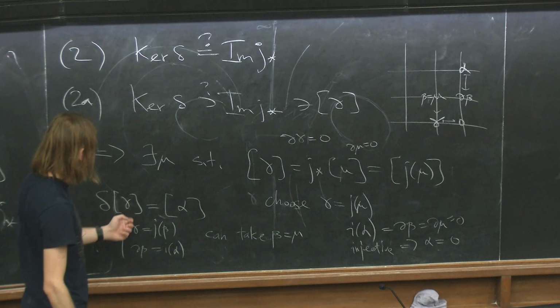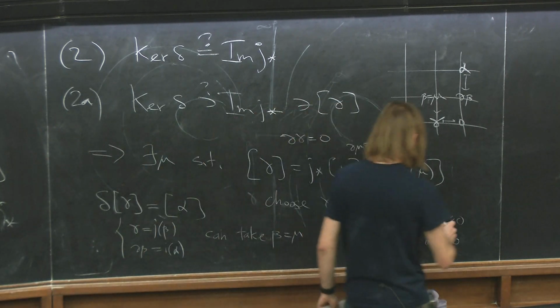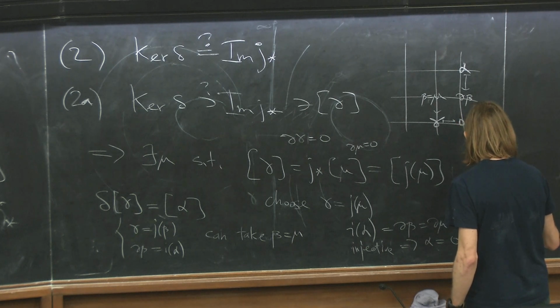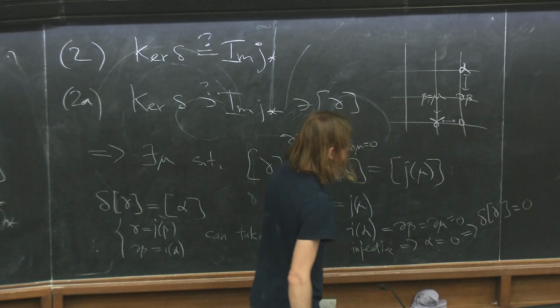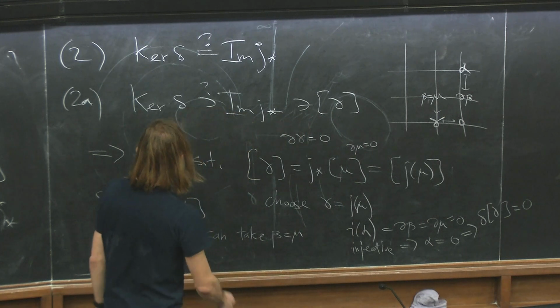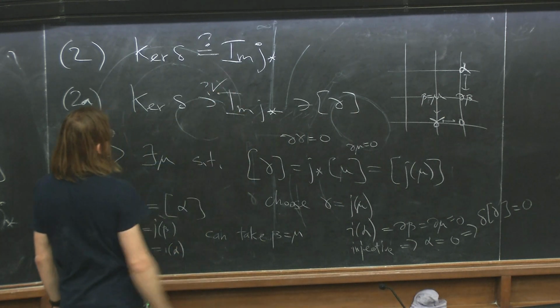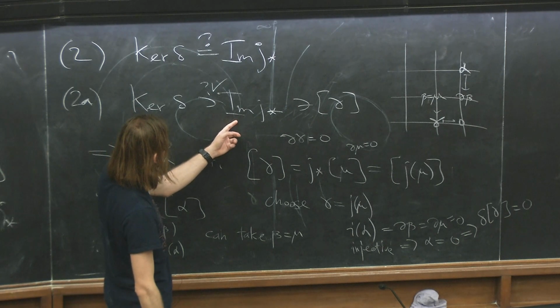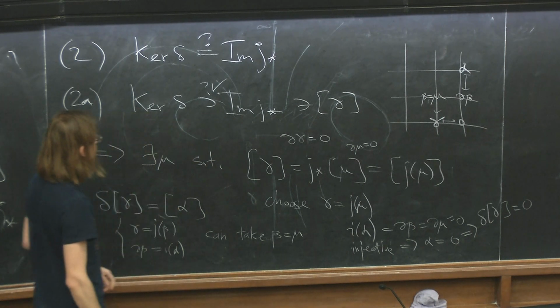This means that delta of gamma is indeed 0. And this verifies this inclusion. So we checked that an arbitrary element in the image of j star is killed by delta.